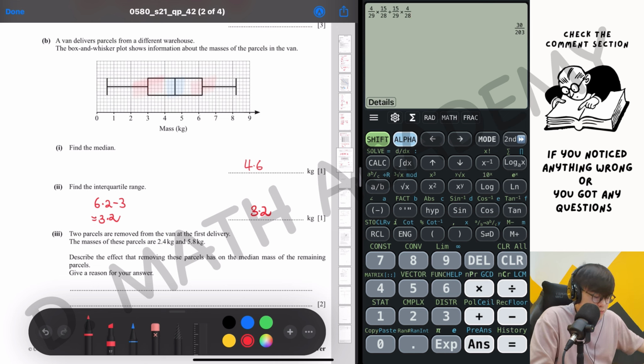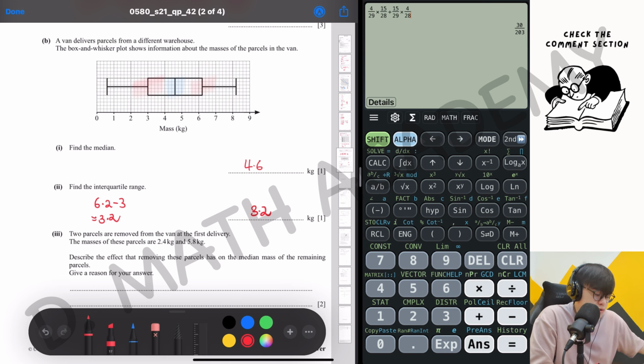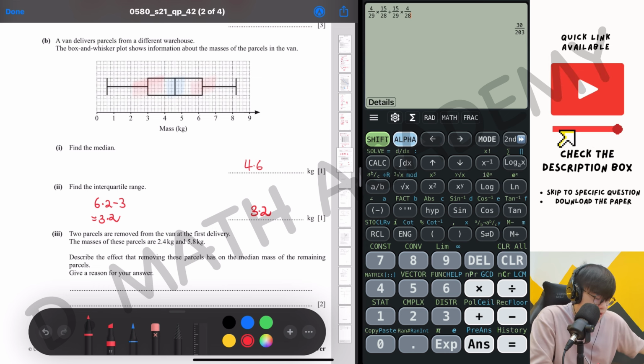Two parcels are removed from the van at the first delivery. The masses of these parcels are 2.4 kg and 5.8 kg. Describe the effect that removing these parcels has on the median of the remaining parcels. So by removing one of them, okay, the 2.4 here, the median should remain the same because one was taken out somewhere around here, and the other one is somewhere around here.